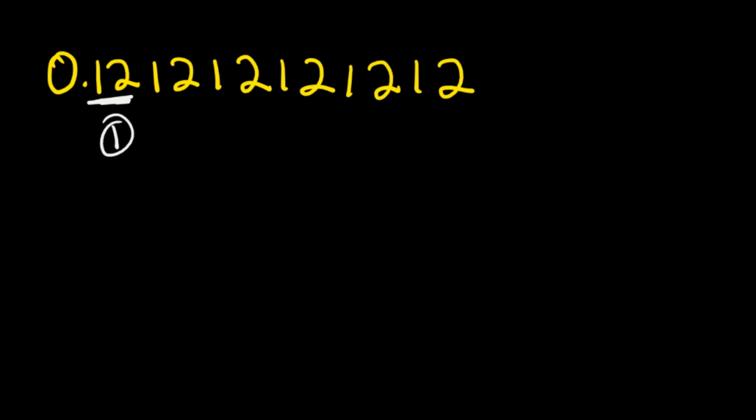So this would be my first term, this would be my second term, and this would be my third term. But we have to identify them in a fraction form. How do you identify 0.12 as a fraction? You have 0.12. You're going to move this decimal point until it is behind 1, 2. How many times did we do that?